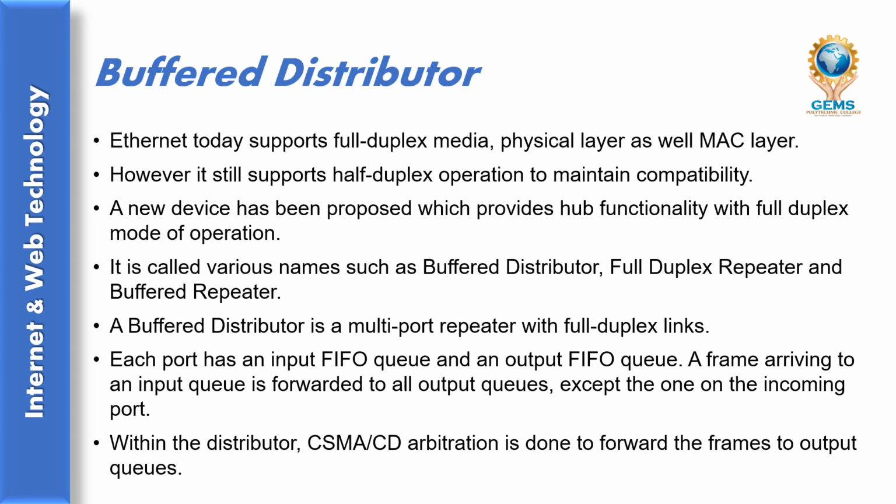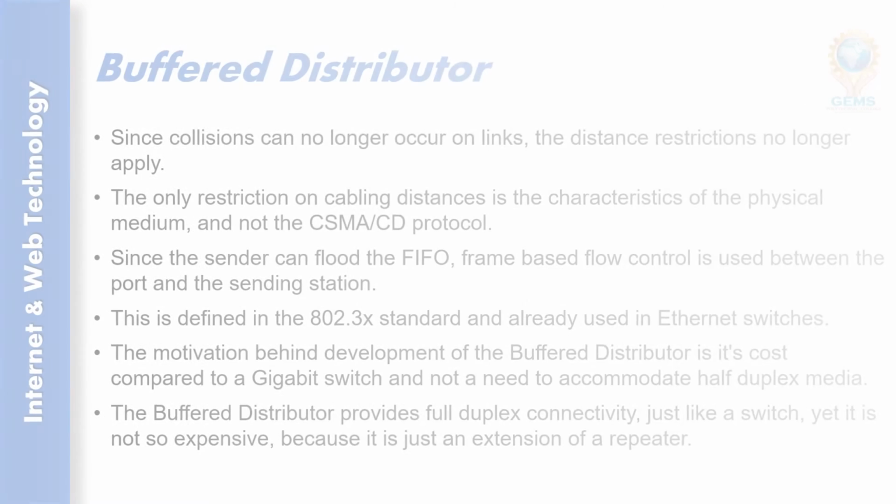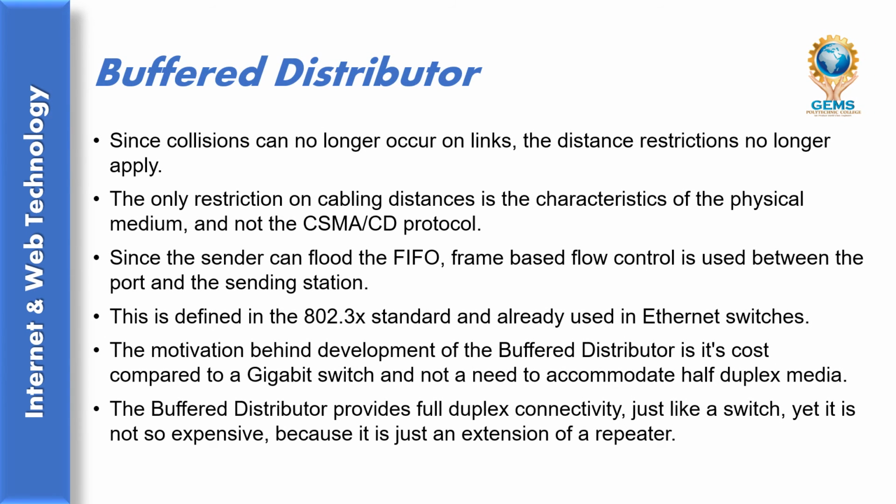Within the distributor, CSMA/CD arbitration is done to forward the frames to output queues. In a buffer distributor, since collisions can no longer occur on links, the distance restrictions no longer apply.